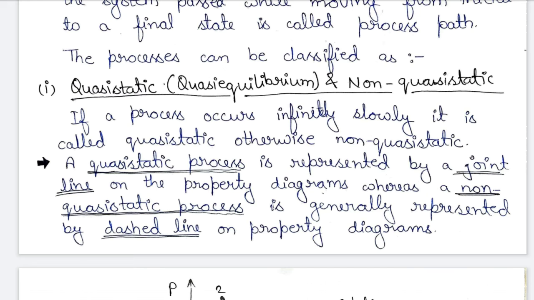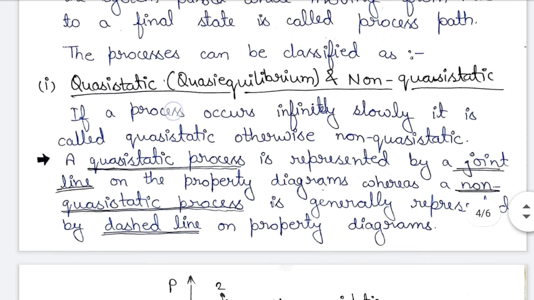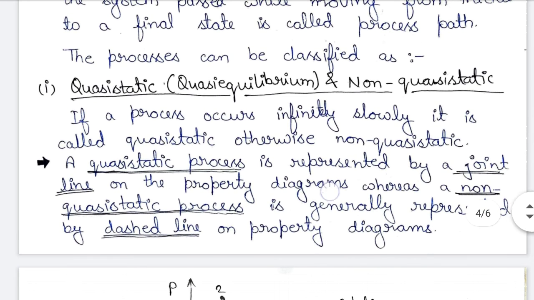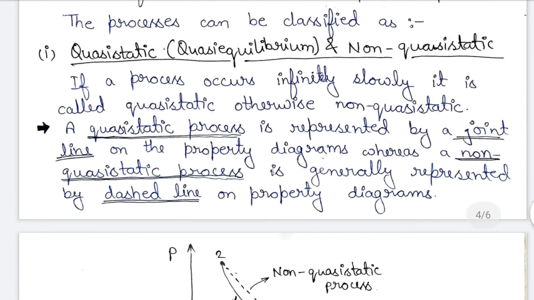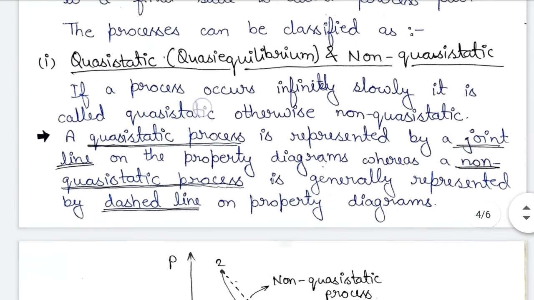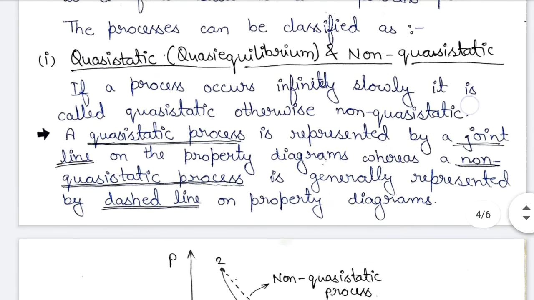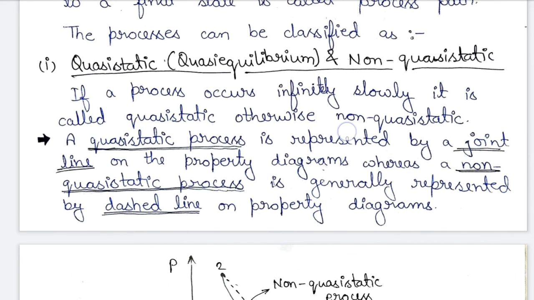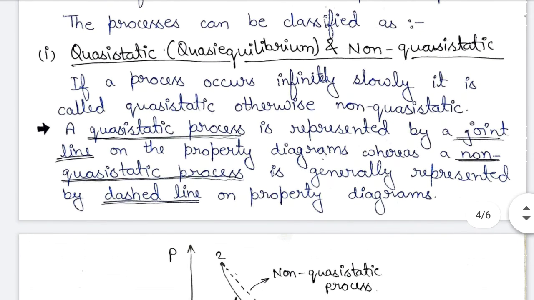Processes can be defined as quasi-static or quasi-equilibrium and non-quasi-static. So if a process occurs infinitely slowly, it is called quasi-static, or otherwise it will be non-quasi-static. Quasi means almost and static means rest.